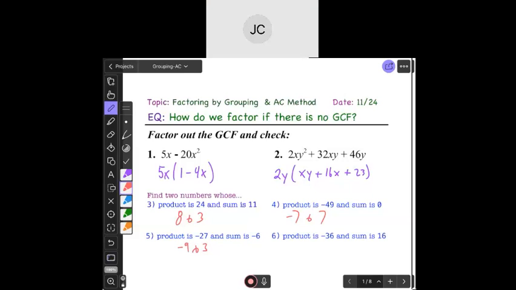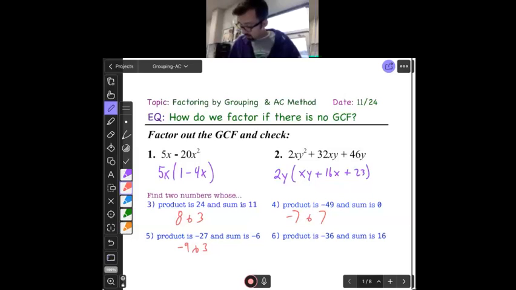All right, last one. What about product of -36, sum of 16? The two numbers multiply to be -36, but add to be 16.